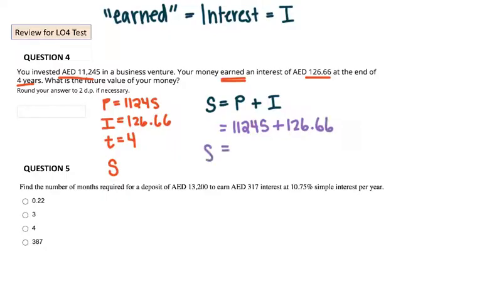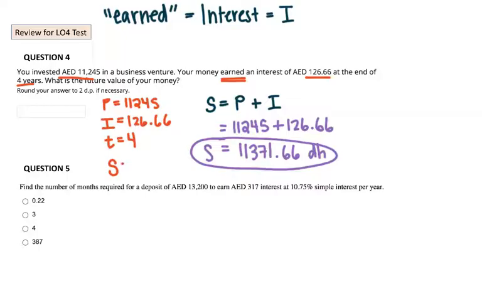So we will get a future value of 11,371.66 dirhams. So in this case, it didn't matter that it was for 4 years. We had all the information we needed with the present value and the interest earned to get the future value of our money.